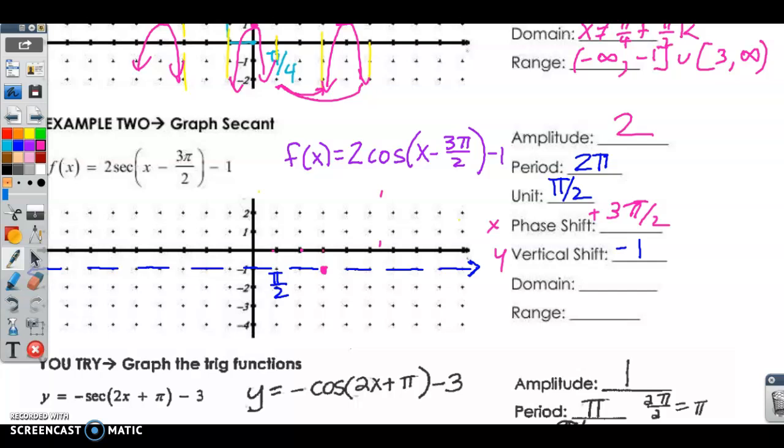So from there, I have to find my high point, which is right above this new 0, 0, which is, the amplitude is 2, so we're going to go 2 up. So there we go. And then from there, we're doing high, 0, low, 0, high, 0, and then on the other side, and here's our new 0, 0, so I'll circle it.